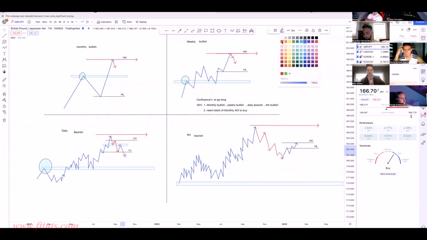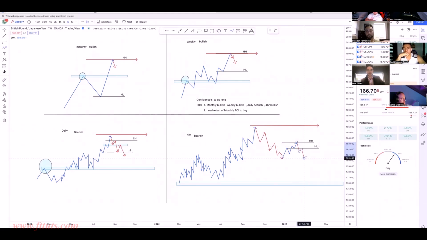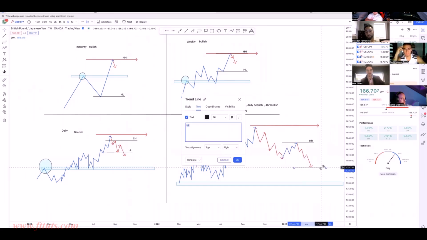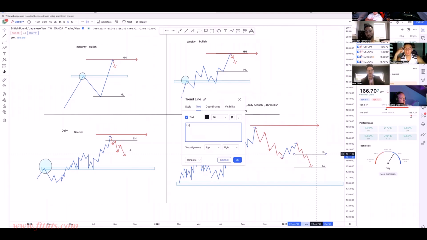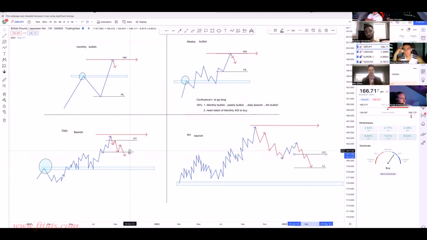So this is where the 4-hour goes back to being bearish, creating a new lower low. This is where we identify this lower low, this lower low, and then this is the lower high. Lower high, lower low, lower high, right?